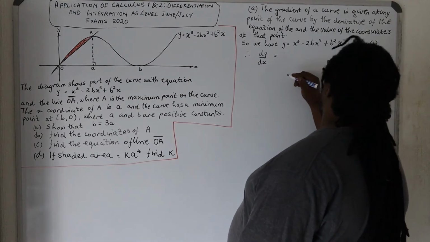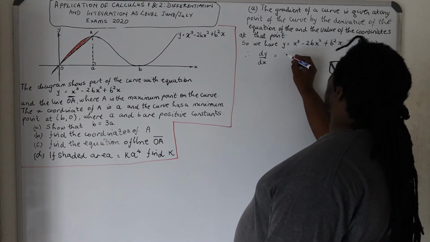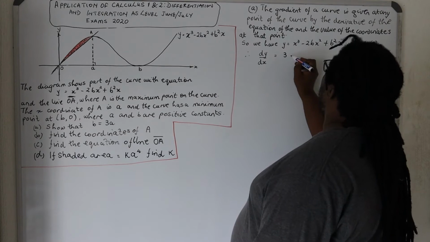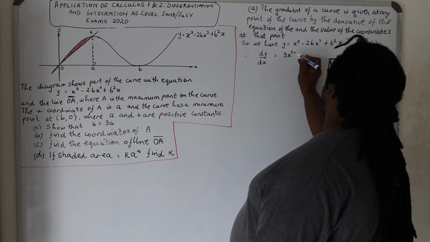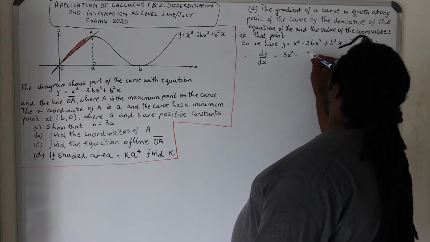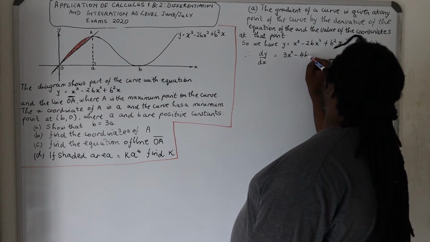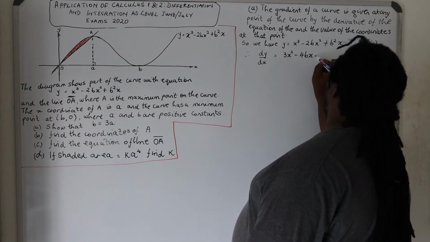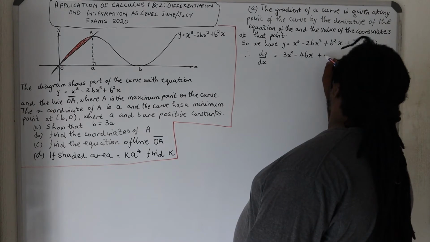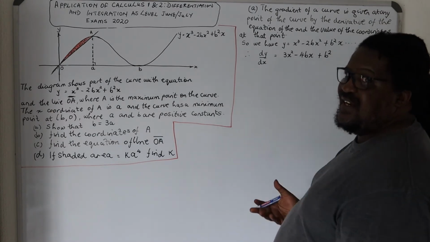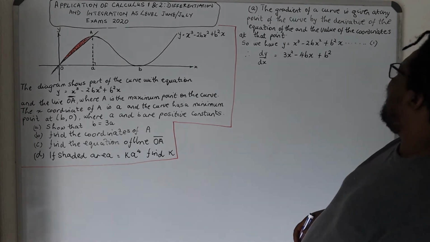So the differential there will be 3x squared minus 4bx plus b squared.